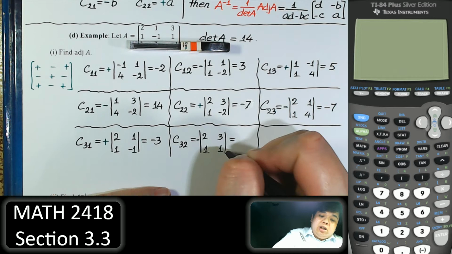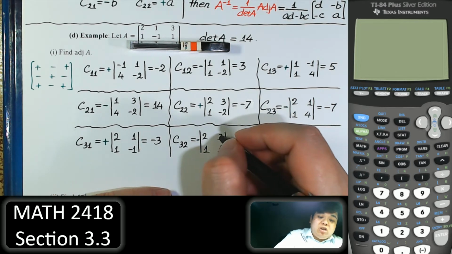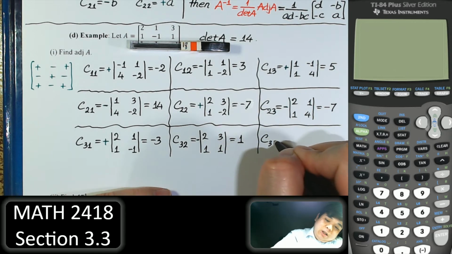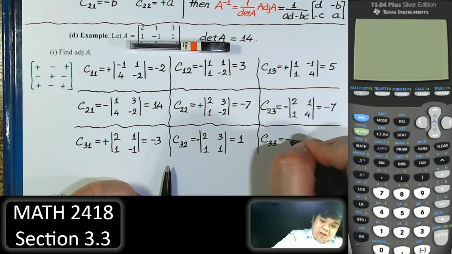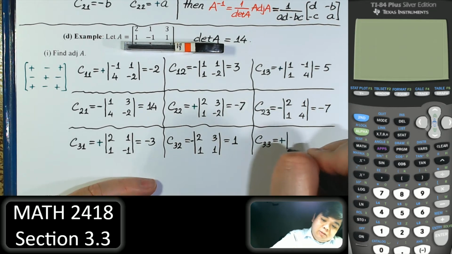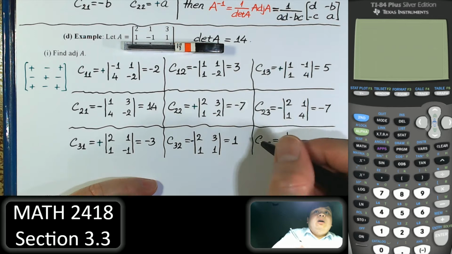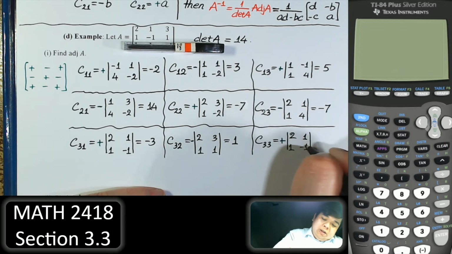The determinant is 2 minus 3, which is minus 1, turning to 1. C33 is standing on the plus sign. And it will be 2, 1, 1, negative 1. Negative 2, negative 1 is negative 3.